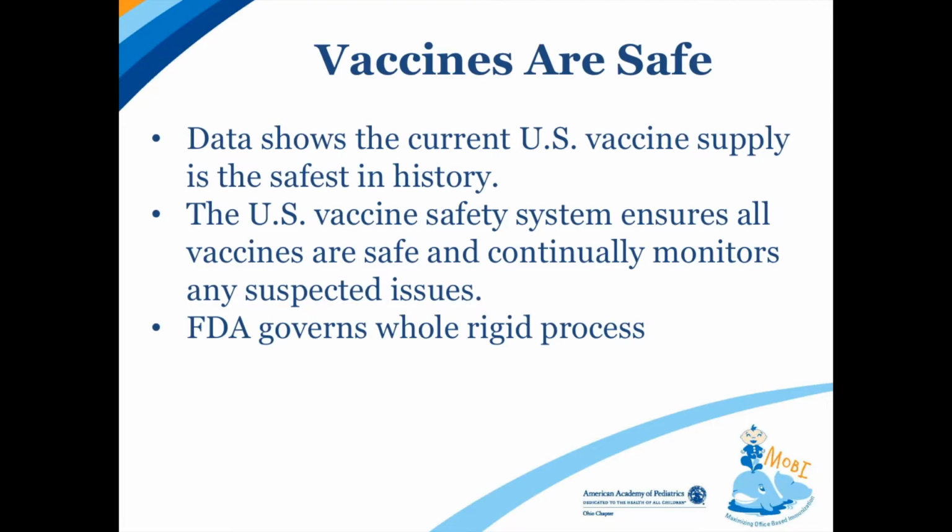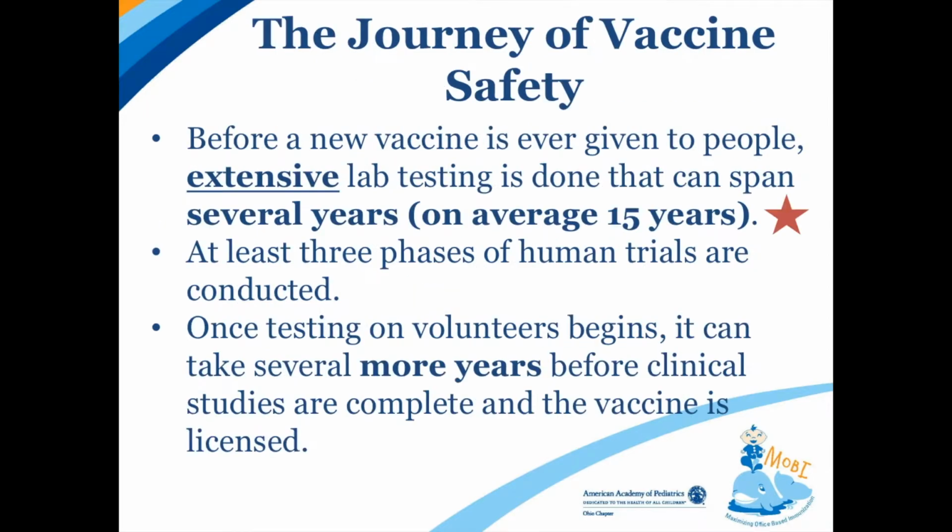So this isn't just some drug companies that want to make money, because really the FDA makes sure that all of the testing is done before it even gets close to any of the patients. So let's talk a little bit about the journey of how a vaccine becomes approved.